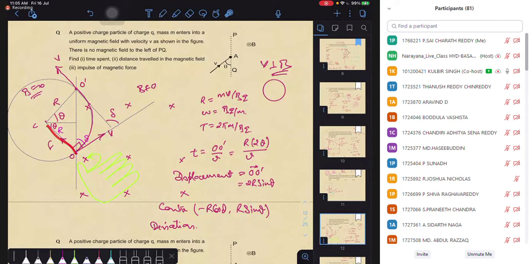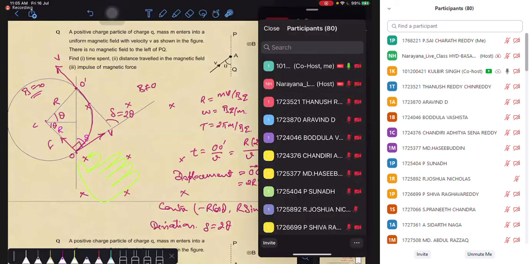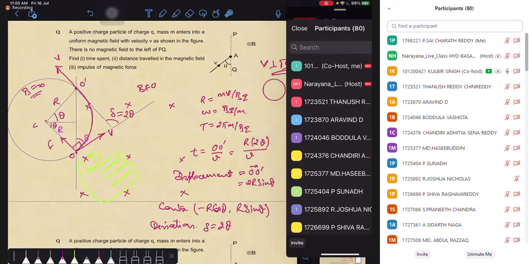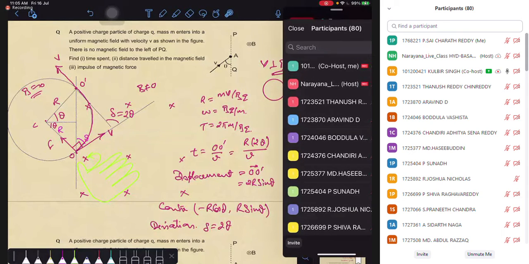If my radius turned by 2 theta, then the velocity also turned by 2 theta. So the deviation angle is the same as the radius rotated, twice theta. So many ways these questions could be asked, but all questions approach in a similar way, and directions play the most important role. Okay? I hope you understand.